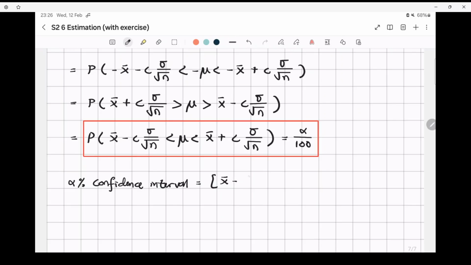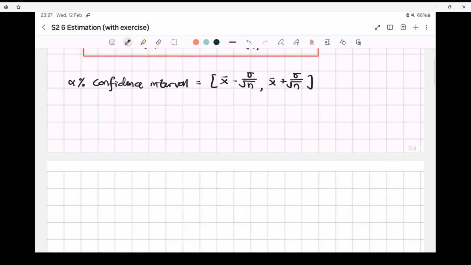Perhaps I write in interval notation. So later on you will see something very similar with another sampling method. The derivation is the same thing.